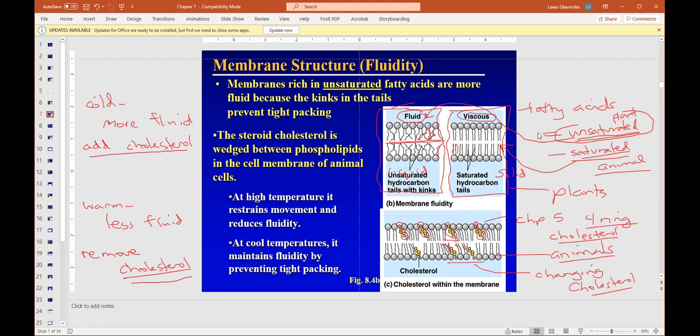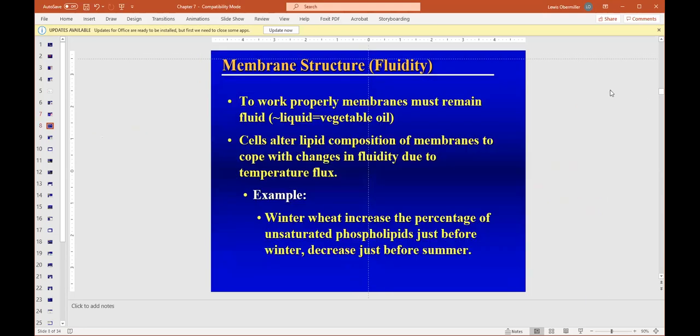So cholesterol, even though it's got a bad rap, is really important, right? We talked about it. You need it to synthesize pretty much all of your hormones, and you also need it to maintain the fluidity of your membranes. If you didn't do that, then the proteins in your membranes would change the inside of those channels and wouldn't be able to transport things that you need, like sugars and stuff like that. All right. So we kind of covered this.